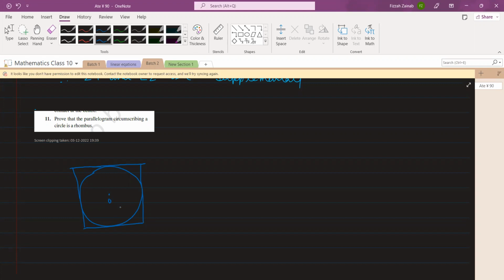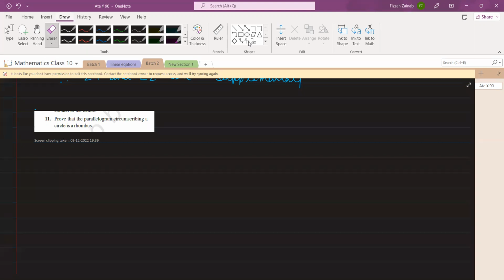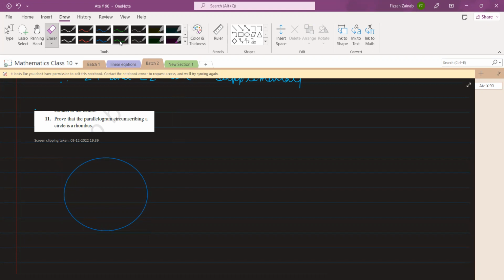It is a parallelogram; it's already a parallelogram according to the question. I think it should look like a parallelogram at least. So now if I draw it a bit properly, it will look something like this, right?